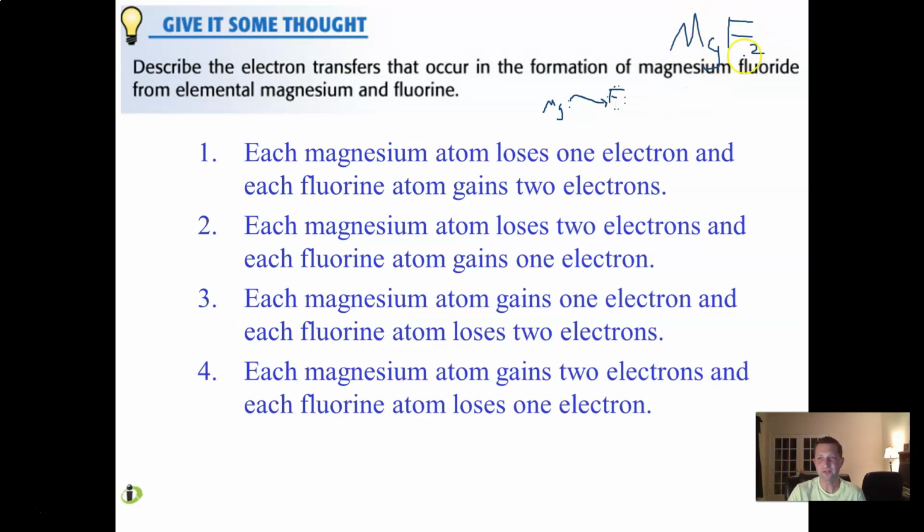So the formula is MgF2, so we have another fluorine atom. Okay, 7 valence electrons. Electron goes here. Okay, so what answer is the correct answer then? Looks like number 2. Each magnesium atom loses 2 electrons, and each fluorine gains 1. Okay, and you can see that here in the little sloppy diagram I have for you guys.